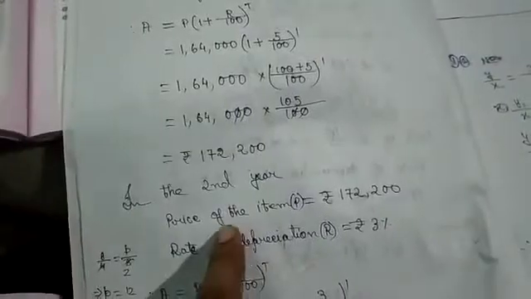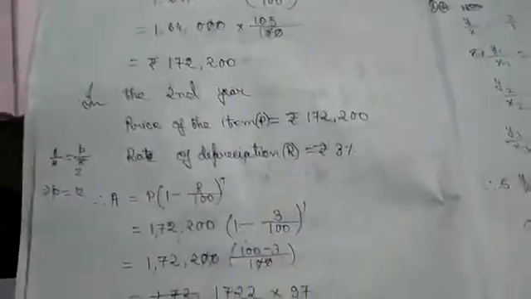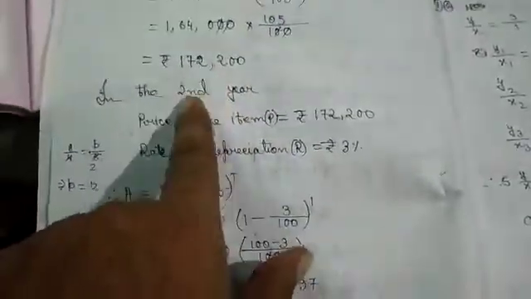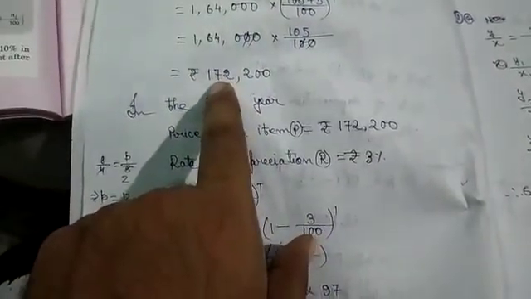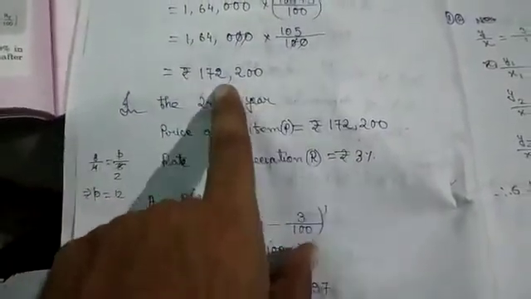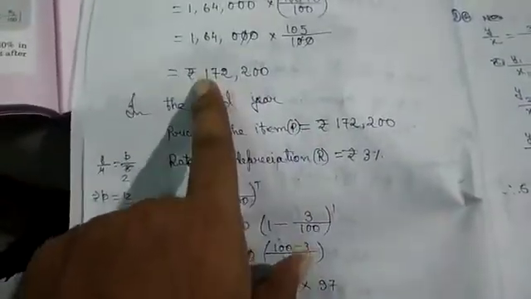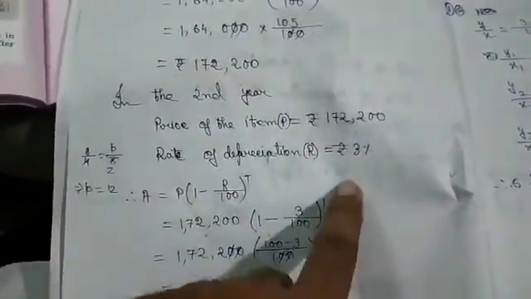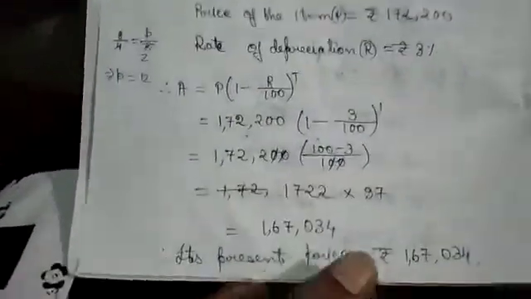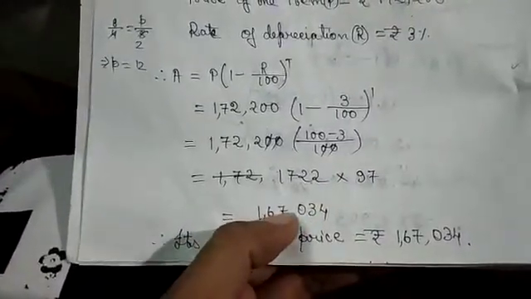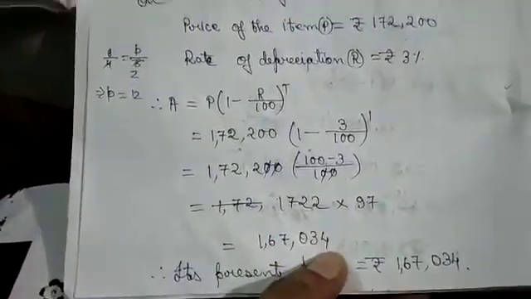For the second year the value is getting decreased. So your price for the first year is 1,72,200. For the second year, from 1,72,200 it is decreasing at a rate of 3%, so here it will be minus, and our result will be 1,67,034.